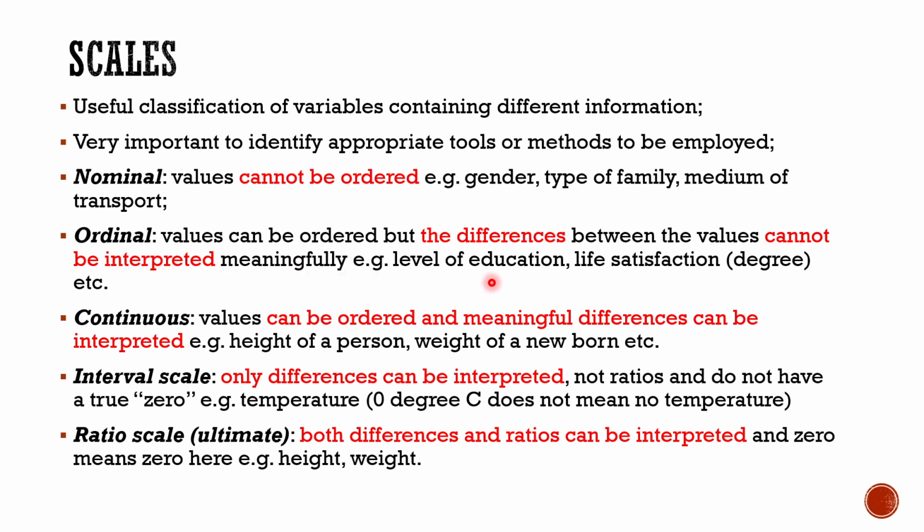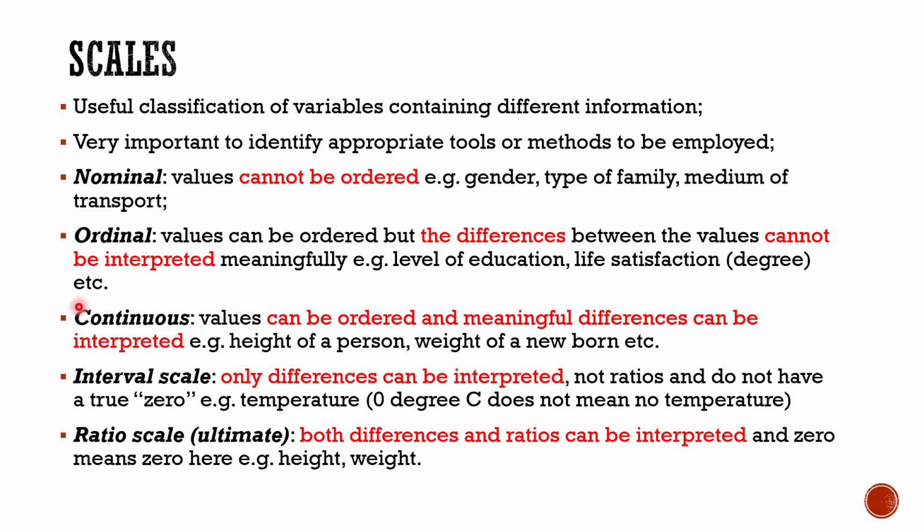Likewise, level of education. You can order level of education as illiterate, primary, secondary, higher education, but the difference between illiterate and primary educated person, and the difference between primary and secondary level of education cannot be interpreted meaningfully. So these are called ordinal variables.